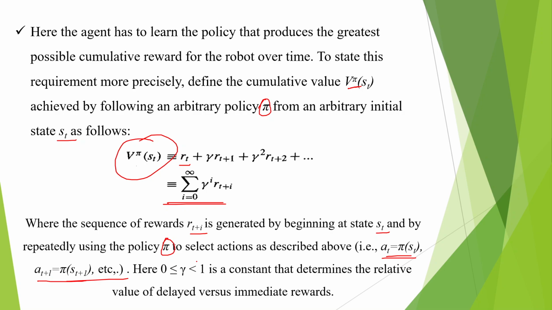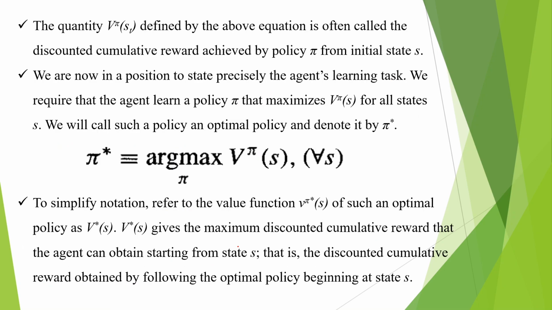Here the lambda value will be between 0 and 1, a smaller value between 0 and 1. So what type of value do we always need to select? From all the possible cumulative values for the different states, we select the maximum cumulative value.